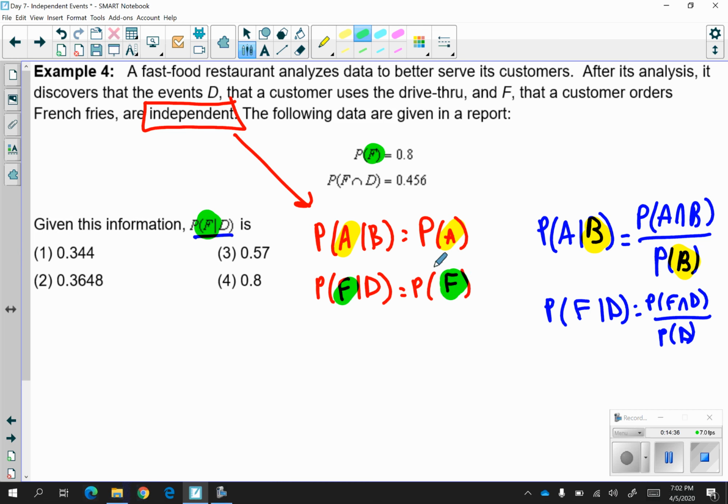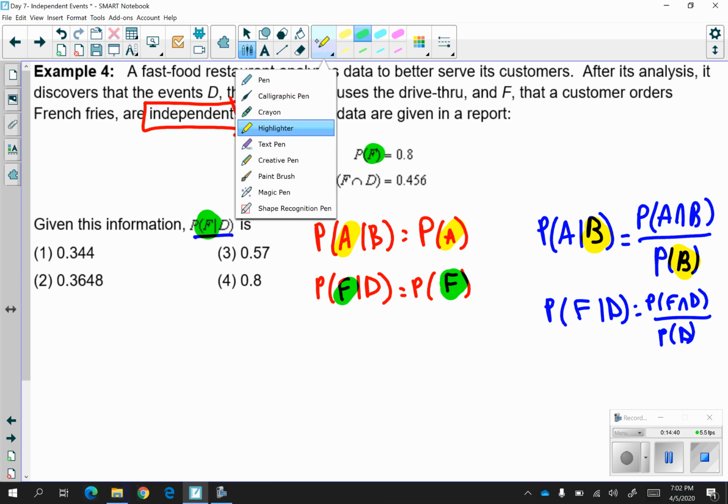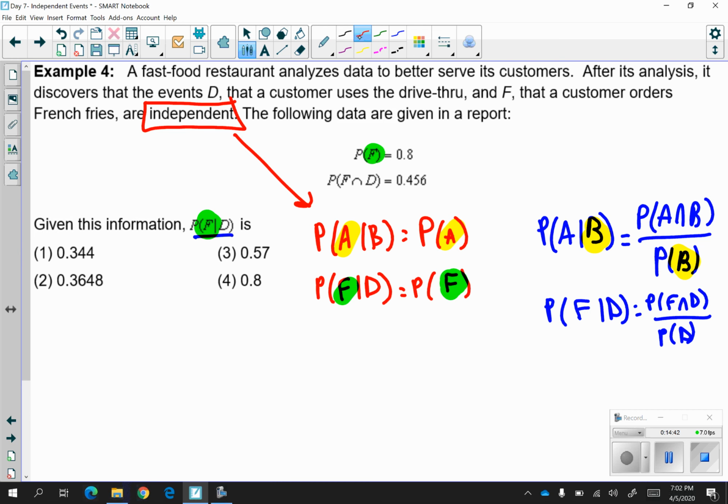They didn't give you the probability of D in order to use the other formula, so we have to stick with the independence one. In this case, the probability of F given D is equal to the probability of F, which they said is 0.8. Fairly simple question if you know your formulas. And these are not on your reference tables. You have to remember them.